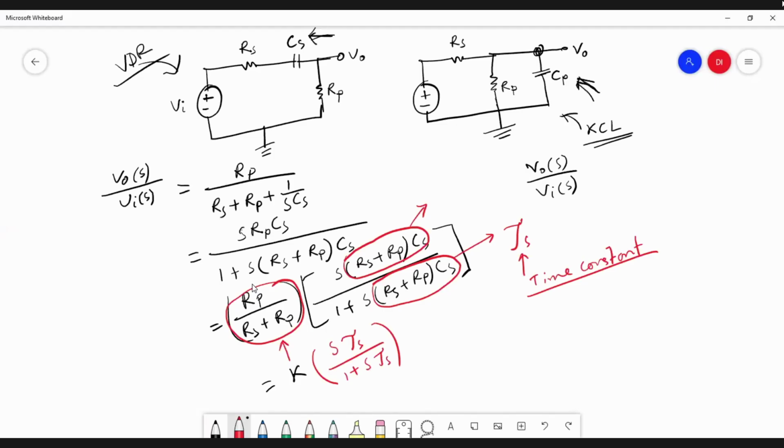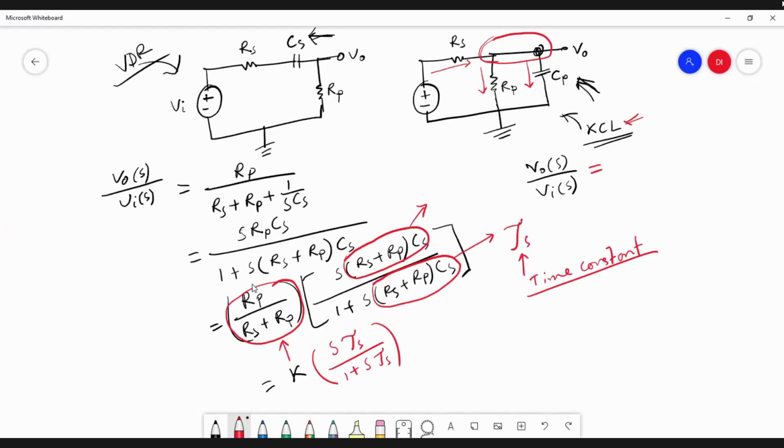And for the parallel one, if we apply KCL, what will you find? If you consider the current this way as incoming and this as outgoing, we know that if we apply KCL at a node, then the incoming current and outgoing current will be equal.